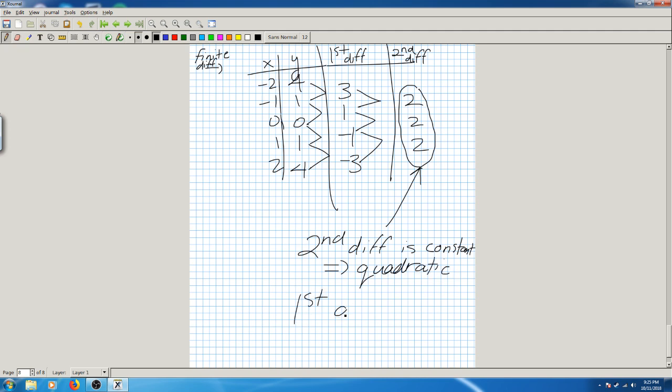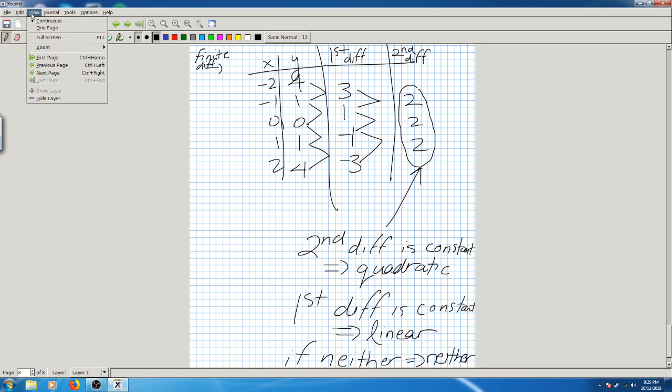If first difference is constant, then it's linear. If neither, then neither. Neither linear nor quadratic. This is an intro to quadratics, and we're going to do more stuff with quadratic relations after this video. Thanks.